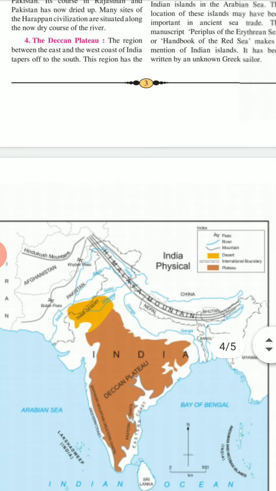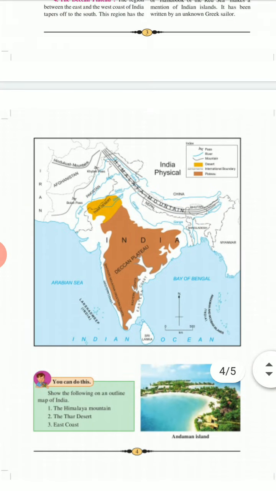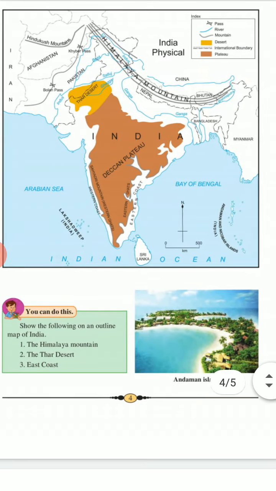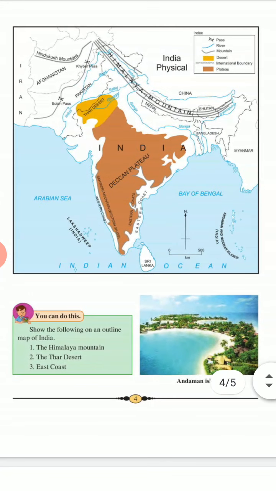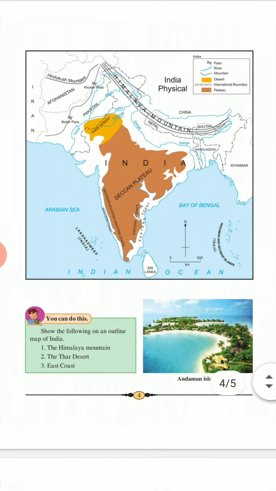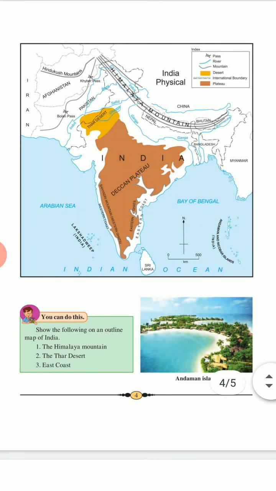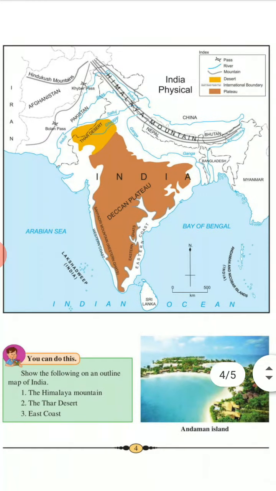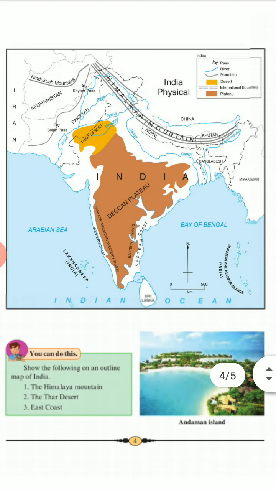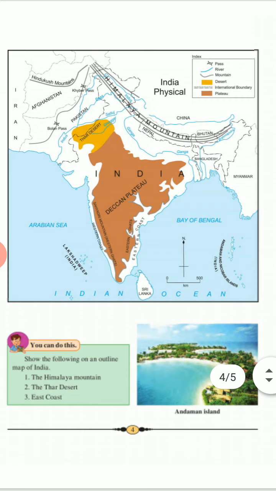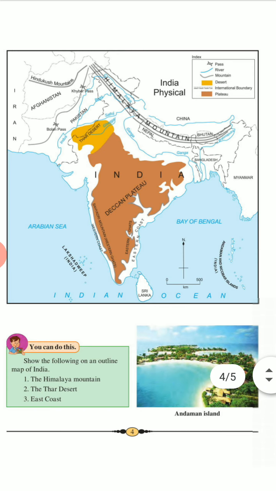Let's see what's on page number 4. You can see a big diagram of the Indian physical map. Let's learn how to read this. You can see our index.